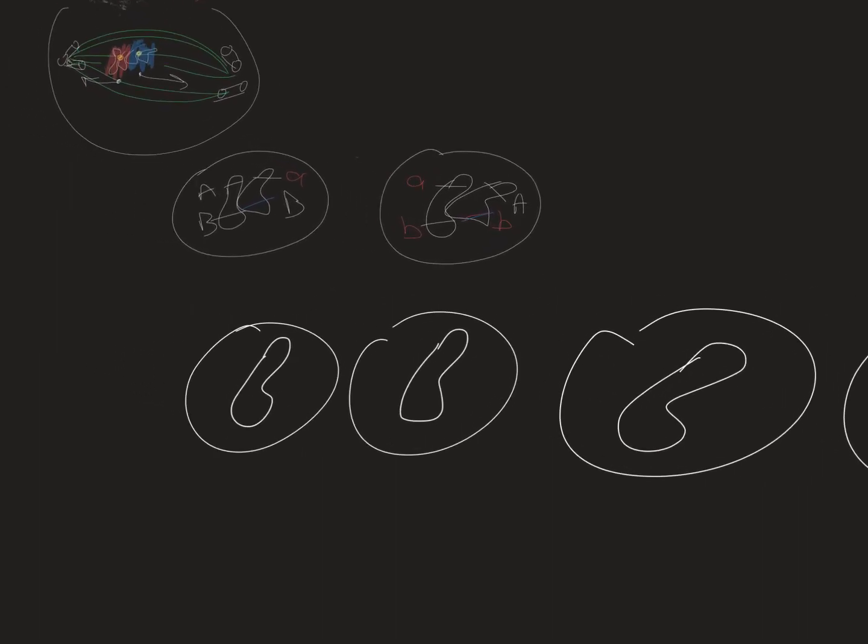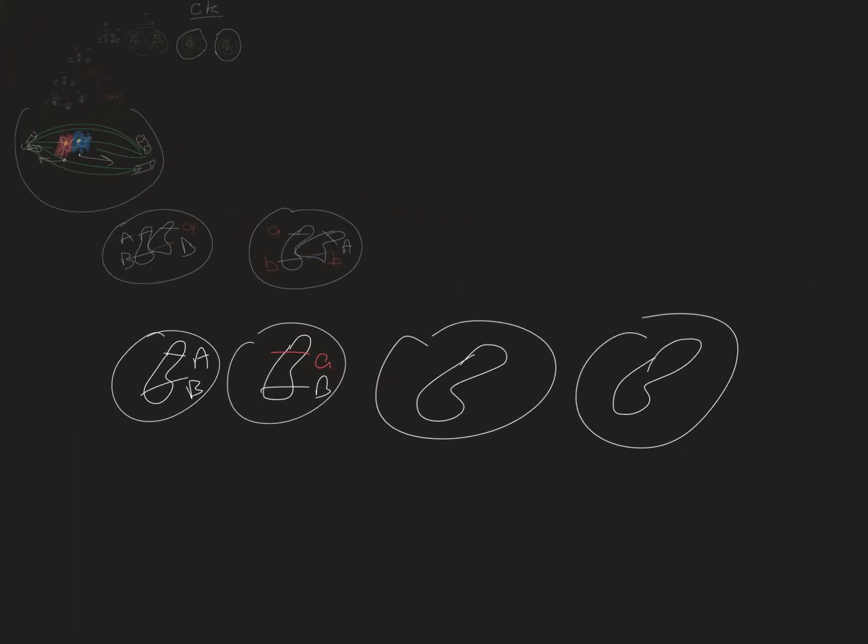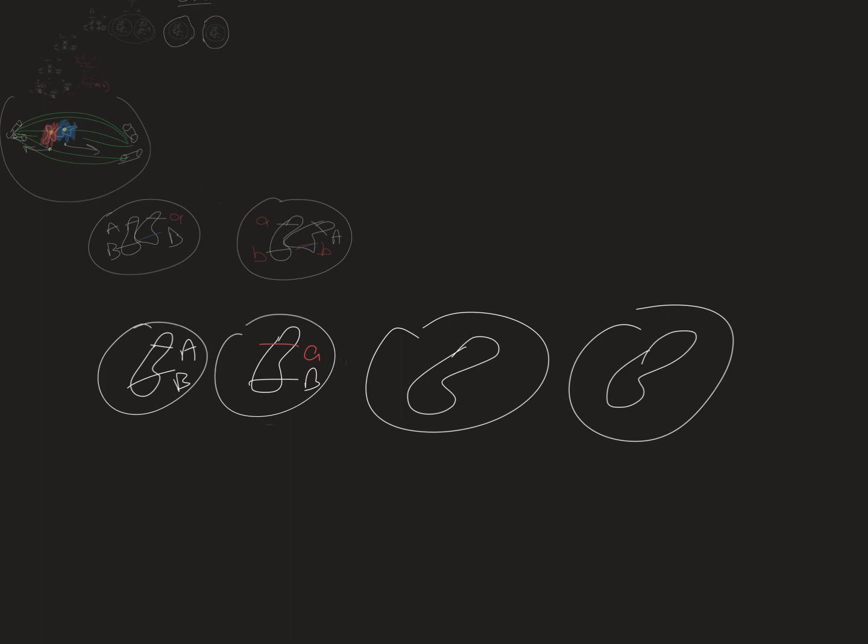So now you have one gamete, these are sex cells, with big A, big B. That's the original form from one of the parents. One that has little a and a big B. One that has little a, little b, and one that has big A, little b.